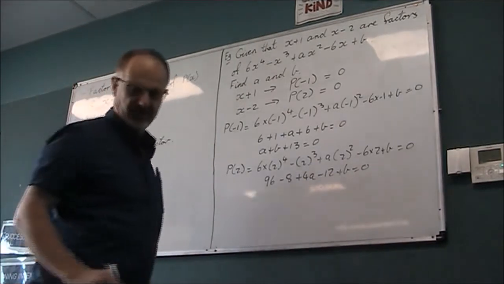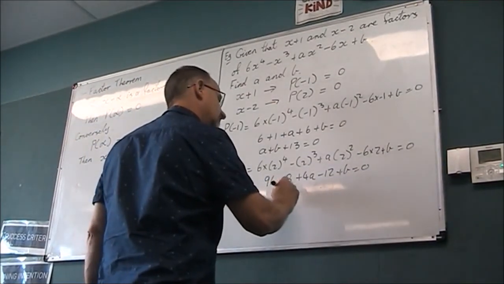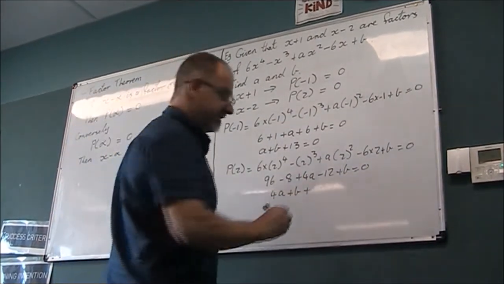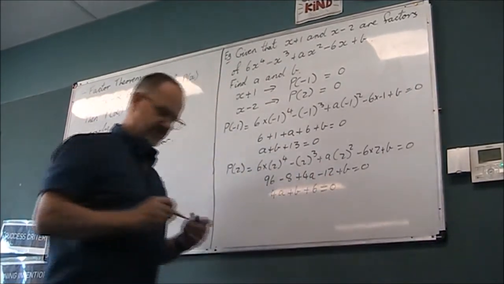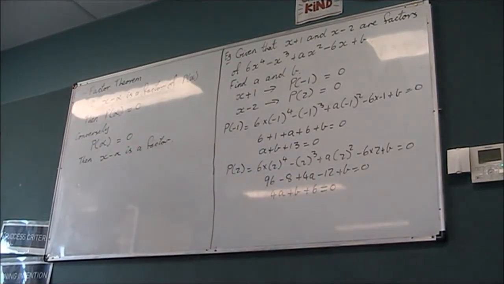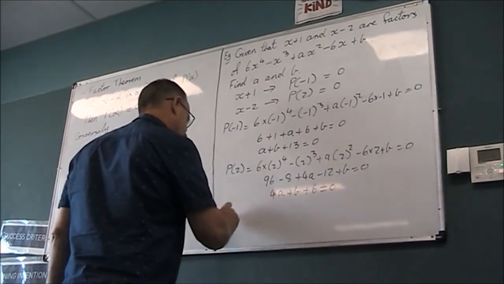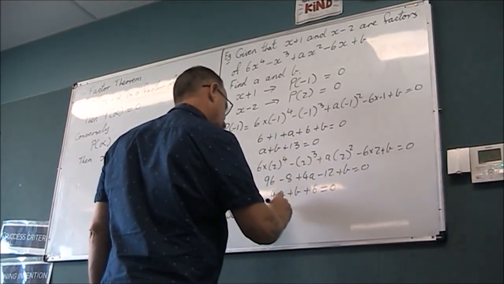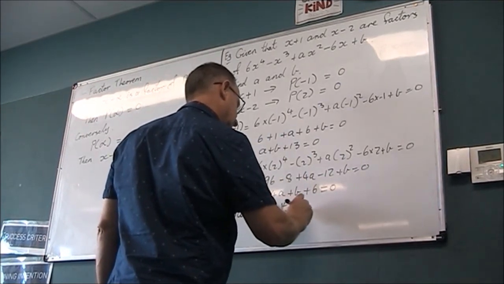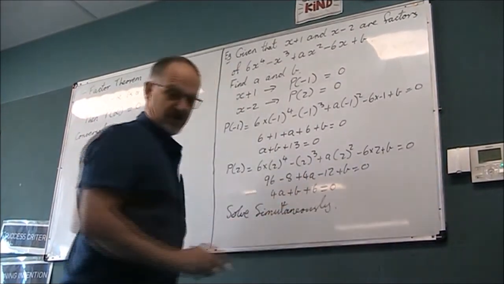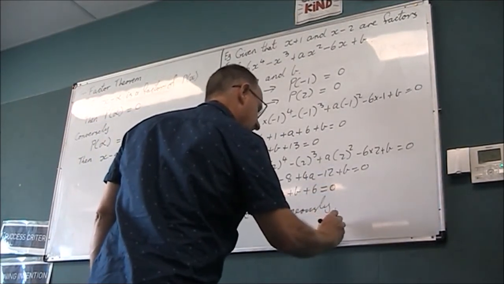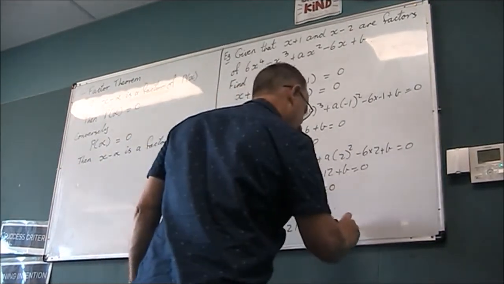And combining those numbers, you get 4a plus b plus 76 is equal to 0. And then what are we going to do? Solve simultaneously. And when you solve simultaneously, you get that a is equal to negative 21 and b is equal to 8.